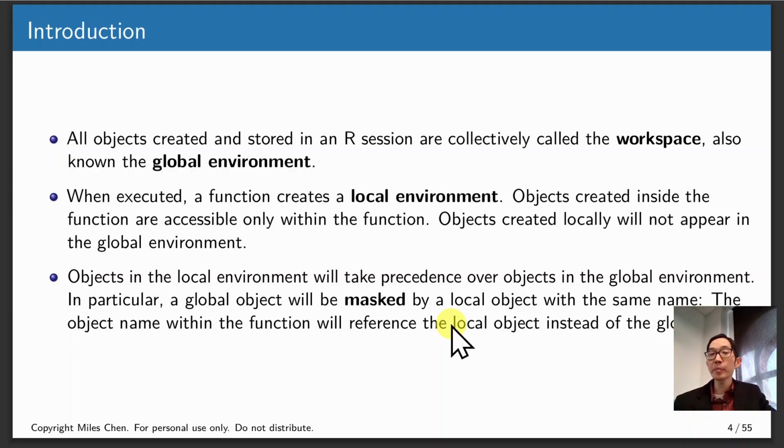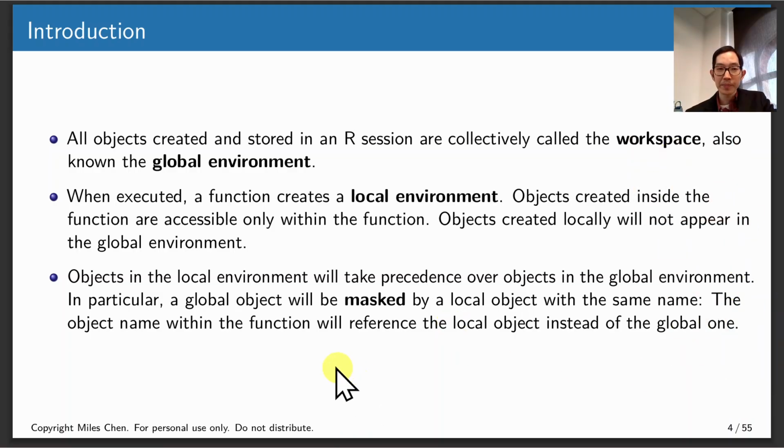All right, so let's talk about binding and scoping. All objects created and stored in an R session are collectively called the workspace. This is also known as the global environment, and that's basically where your objects live. When you execute a function, it creates a local environment.